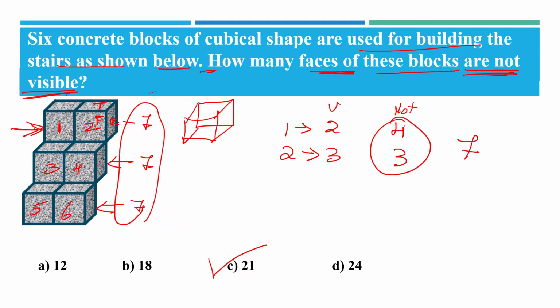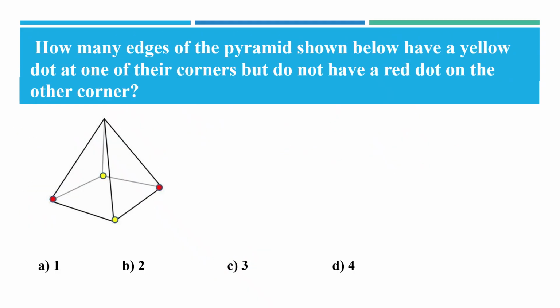Great. Okay, let's move on to the next question. And the question is, how many edges of the pyramid shown below have a yellow dot at one of their corners but do not have a red dot on the other corner?